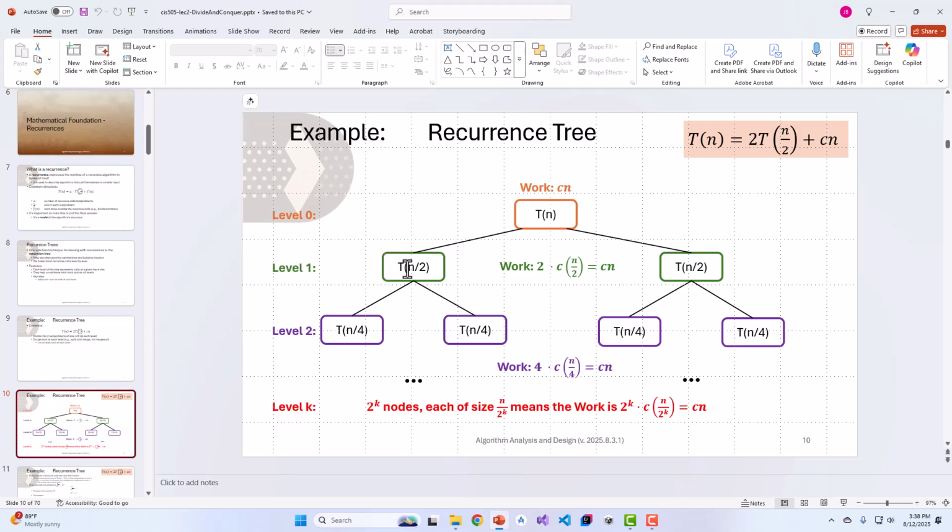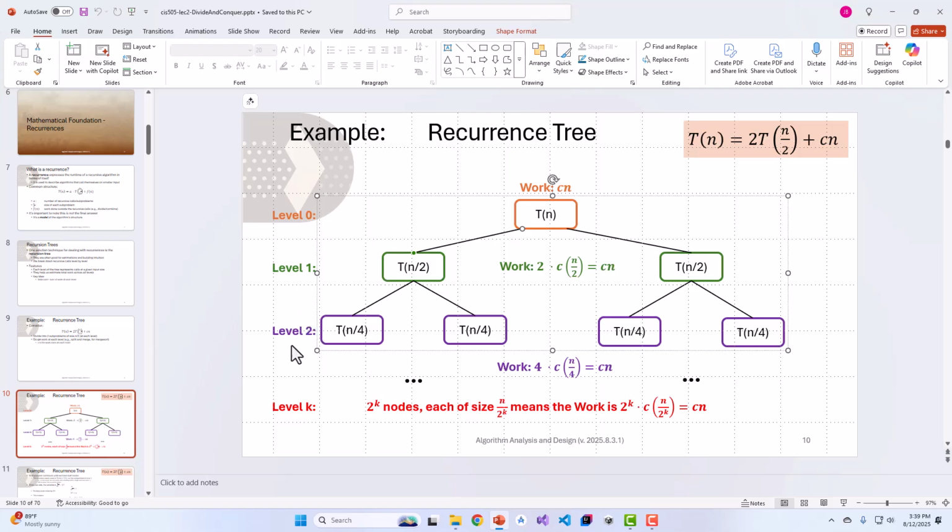Level 1, you've got this problem split into 2. So you've got T of n over 2 and T of n over 2. When you look at both of them, you have c times n over 2. Sorry, 2 of them, right? Because there's 2 nodes, 2 recursive calls doing this work. So it's going to be 2 times c of n over 2. The 2's cancel, you end up with cn again.